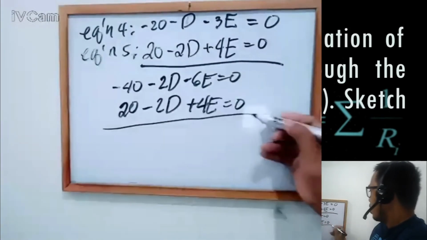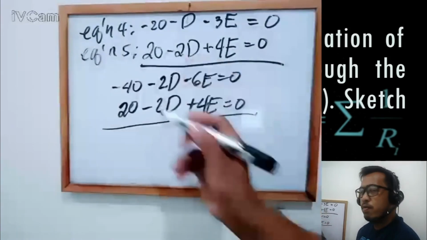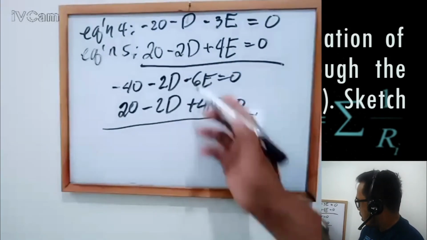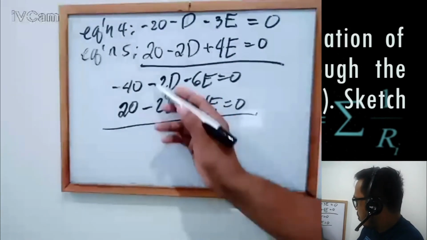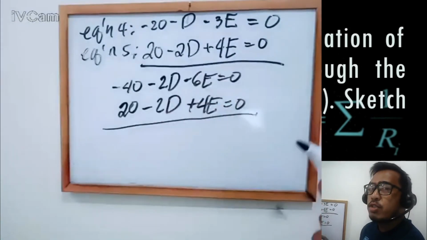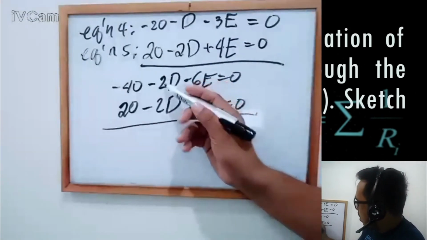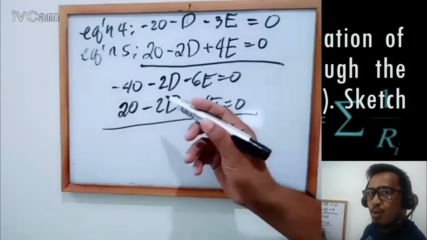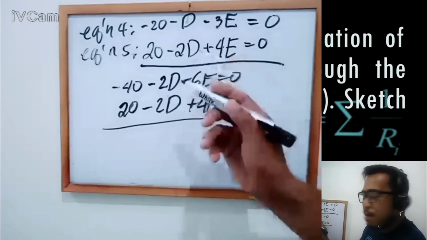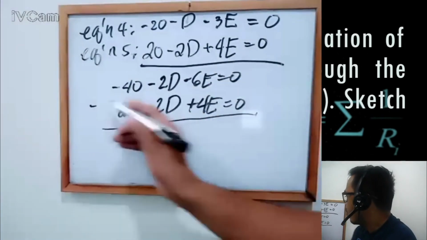Now, since we have the same numerical coefficient, d will be eliminated. Since they have the same numerical coefficients, we will subtract. But in case they have the same number but different sign, then you should add so that it will be eliminated. Here, you will subtract.